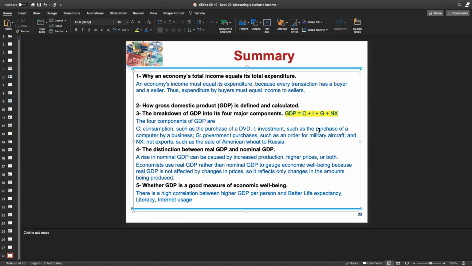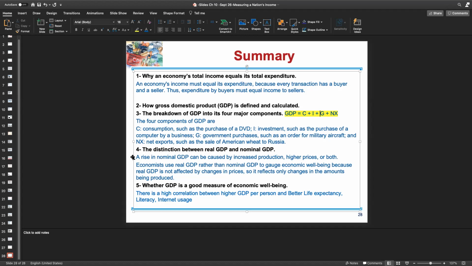Investment is such as the purchase of a computer by a business, or a house we are buying as a consumer. Government purchases are such as an order for a fleet of aircraft, and net export is such as the sale of American wheat to Russia.